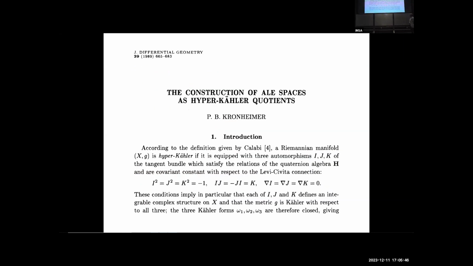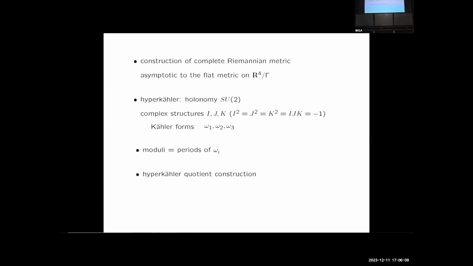And in 1989, well, this was basically Kronheimer's thesis, he gave a very beautiful construction of complete hyperkähler metrics on each of these resolutions, these complex non-compact complex surfaces. What did he give? He gave a complete Riemannian metric, asymptotic to the flat metric on the quotient of R4 by this finite group.